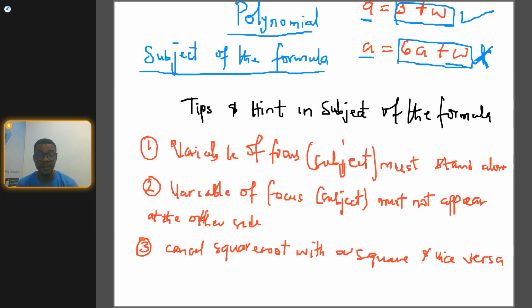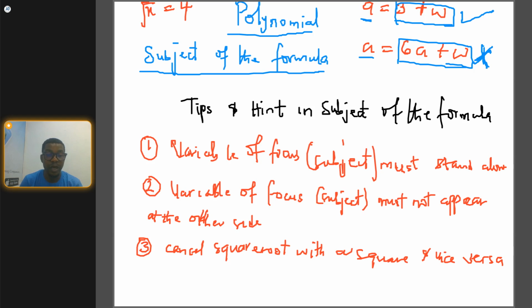I believe you understand that. If I want to cancel a square root in my question while solving, I'm going to use a square to cancel it. So if I have square root of x equals 4, and I want to have just x, I will say what? This is a square root actually.